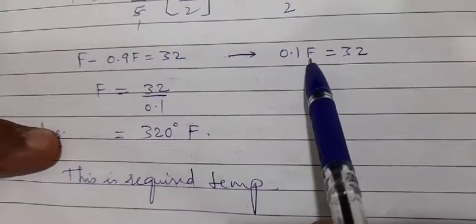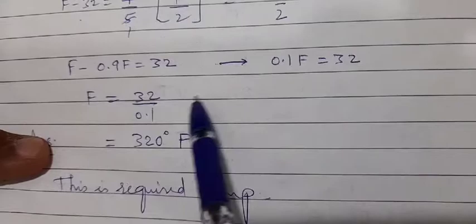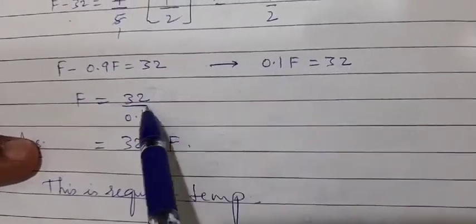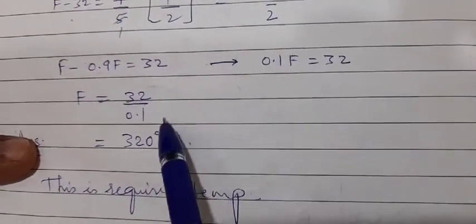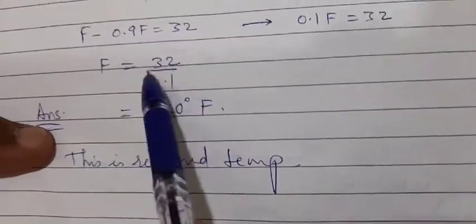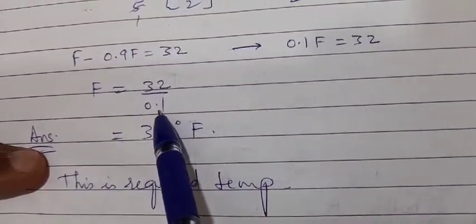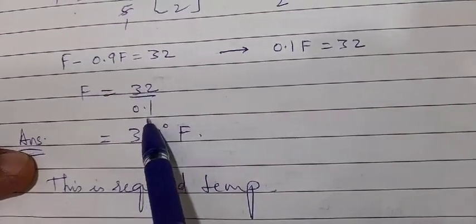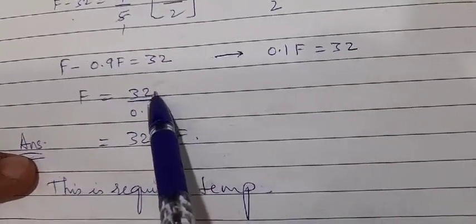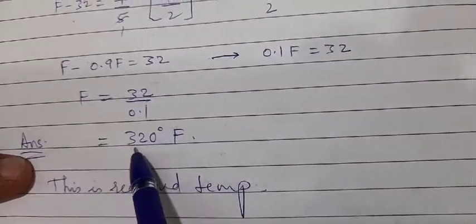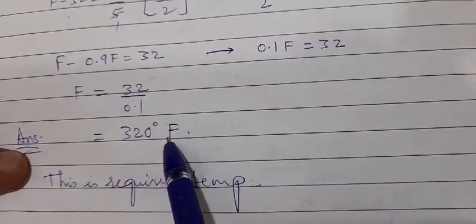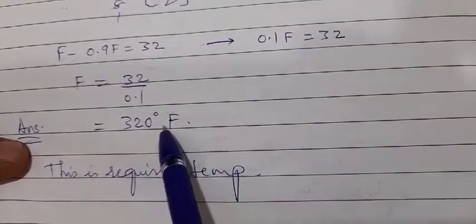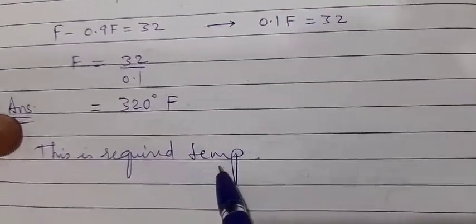Now we can write F is equal to 32 upon 0.1. If you remove the point, 10 will come here. So the answer is 320 Fahrenheit. This is the required temperature.